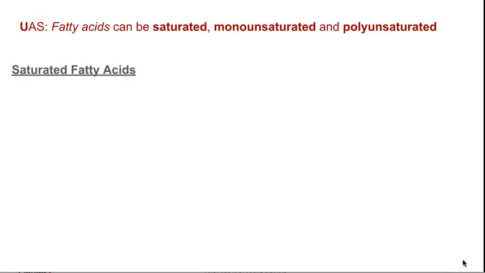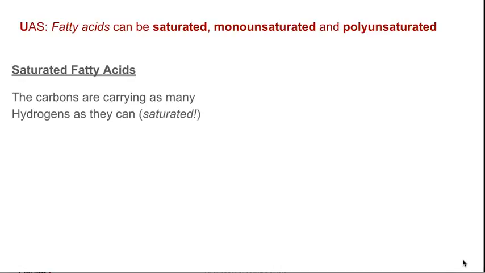Let's have a look at saturated fatty acids. Saturated, just like something is saturated with water, for example, it means the carbons are carrying as many hydrogens as they can. They are saturated. There is no more positions for hydrogen to bond to.